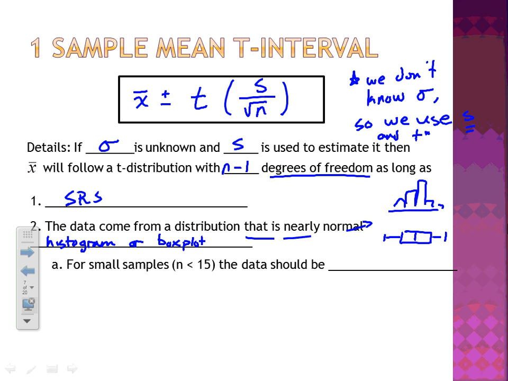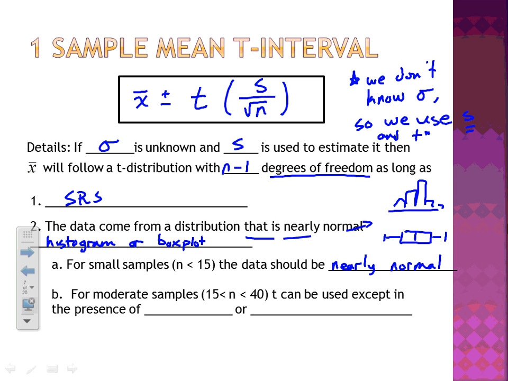So if we have a small sample, it should be nearly normal looking at a histogram or a box plot. Right, so small samples, we want to be more and more normal. If we're between 15 and 40, unless there's a crazy outlier, which you might see in either one of the plots up here, or really heavy skewness, go ahead and use it.